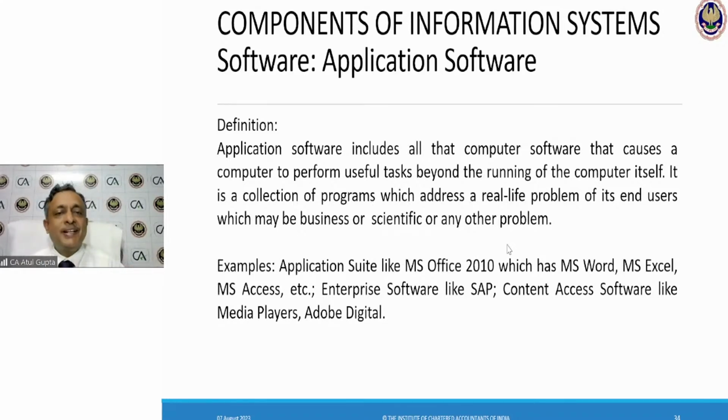So I'm not reading this through. Application software includes computer software that causes a computer to perform useful tasks beyond the computer. So the user requirements are met through the application software. And we're not reading the examples. You can write thousands of examples.